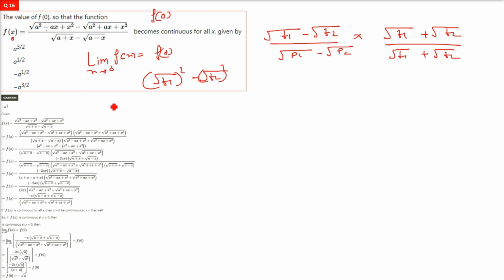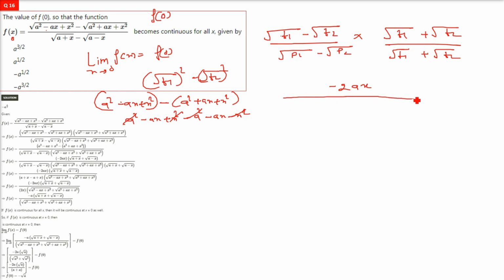So here you are going to get a square minus ax plus x square, and minus this bracket minus a square plus ax plus x square. Now just subtract a square minus ax plus x square minus a square minus ax minus x square. So you just cancel these terms. This also you get minus 2x. So the numerator has been rationalized and you get the result as minus 2x.